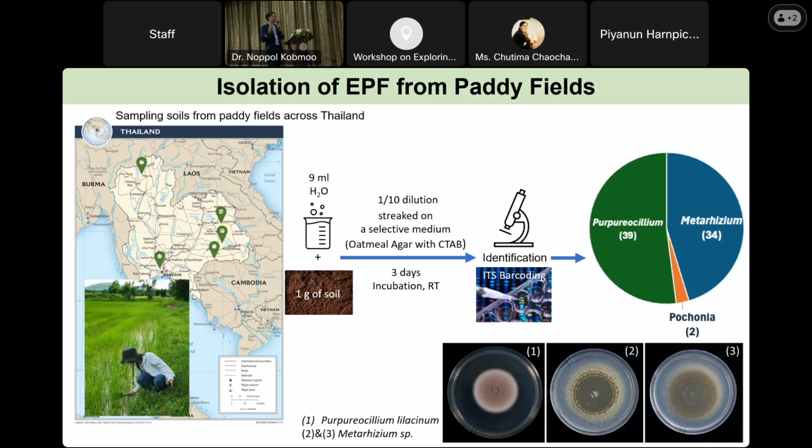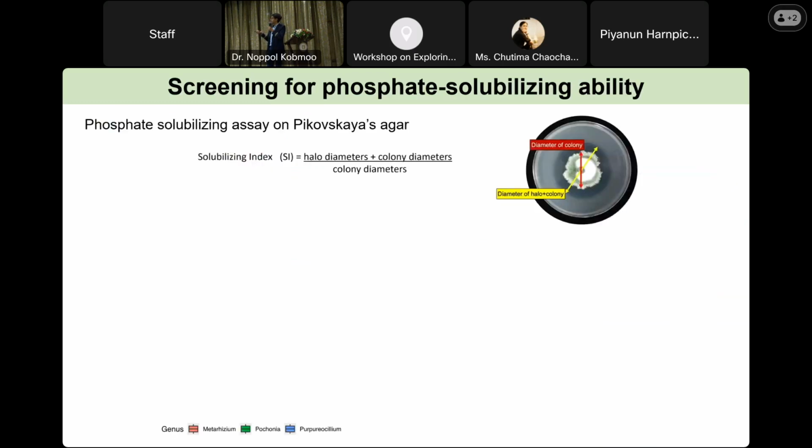Many works have been published about that. And Metarhizium, as we know, is more and more showcased to be soil-borne and to contribute to plant growth.